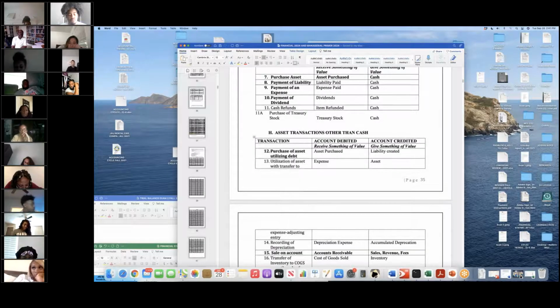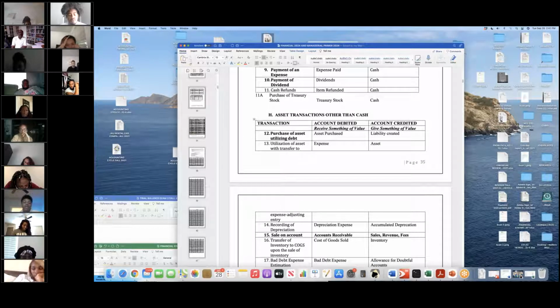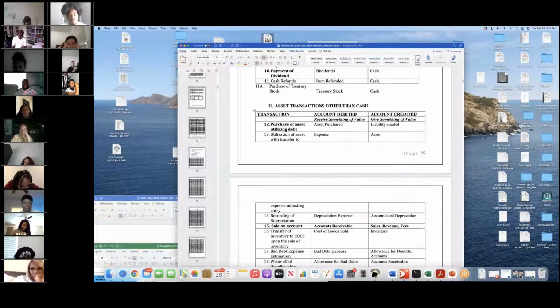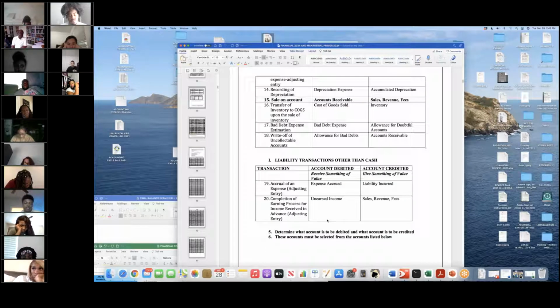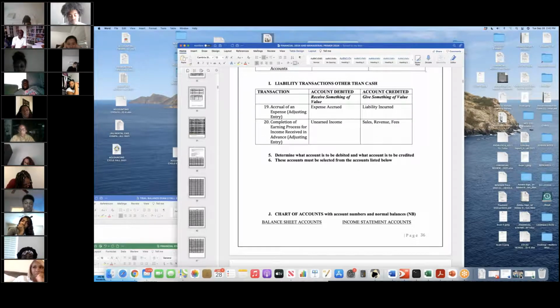Then we have others that do not involve cash, such as purchasing an asset utilizing debt. We'll start to look at some of these others, such as recording depreciation and sale on account. We work with that one. And so we'll begin to pick up the other types as we go through the remainder of the course.